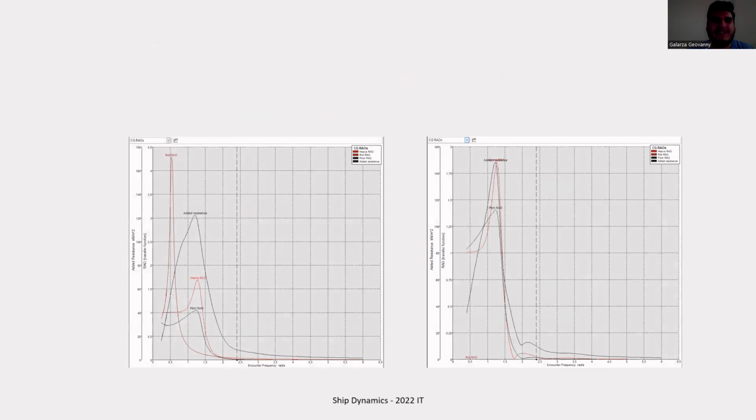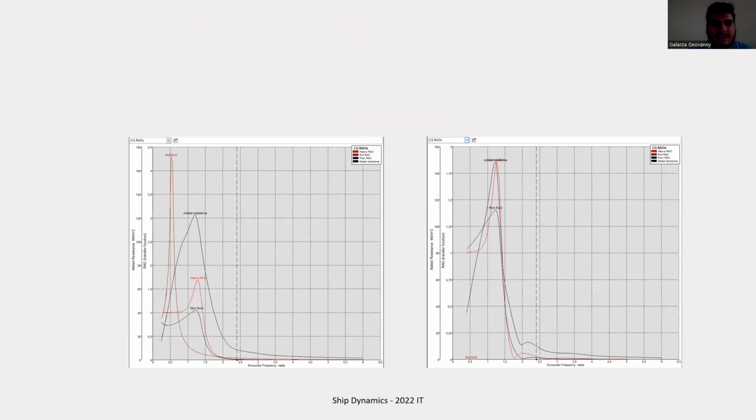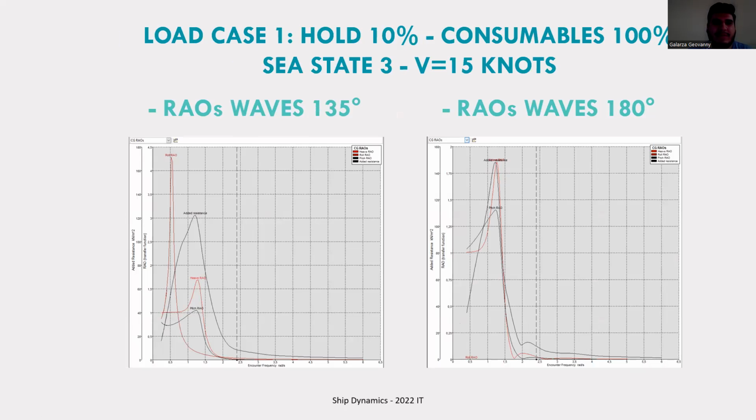Then for that, the strip theory method is applied, Maxwell. For load case number 1, we obtained these results. We realized that at 180 degrees and 135 degrees, the ship was in resonance, because we have the largest amplitude in the roll.